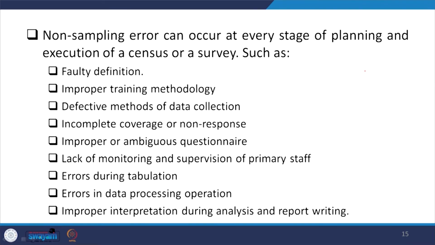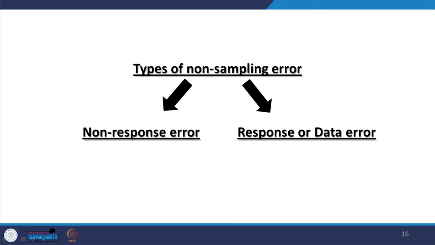Non-sampling error can occur at every stage of planning and execution of the census or survey, such as faulty definition, improper training methods, defective methods of data collection, incomplete coverage or non-response, improper or ambiguous questionnaire, lack of monitoring and supervision of primary staff, errors during tabulation, errors in data processing and its operation, and improper interpretation during the analysis and report writing. These are all possible non-sampling errors.